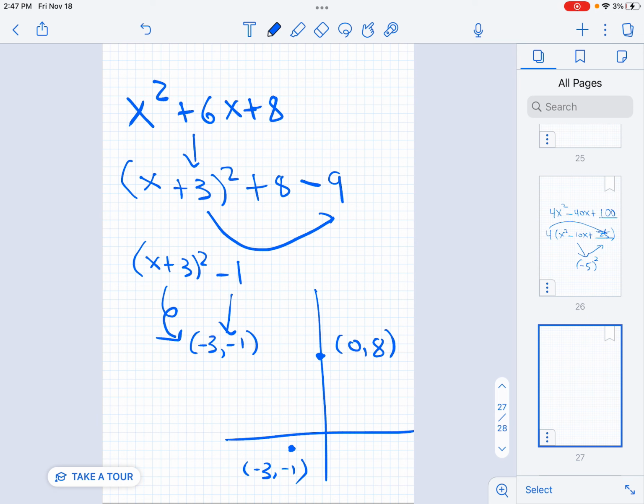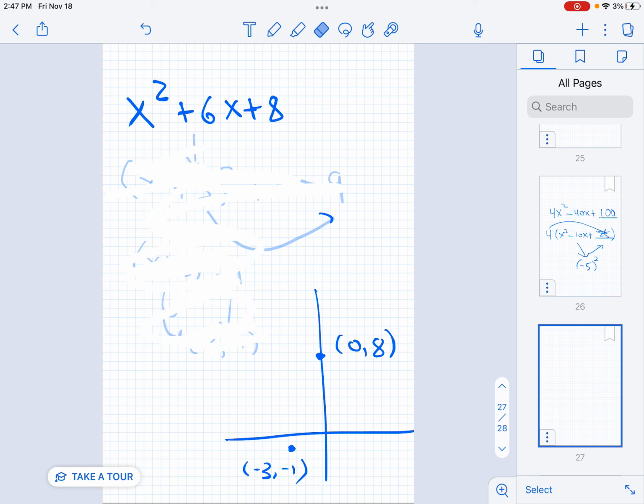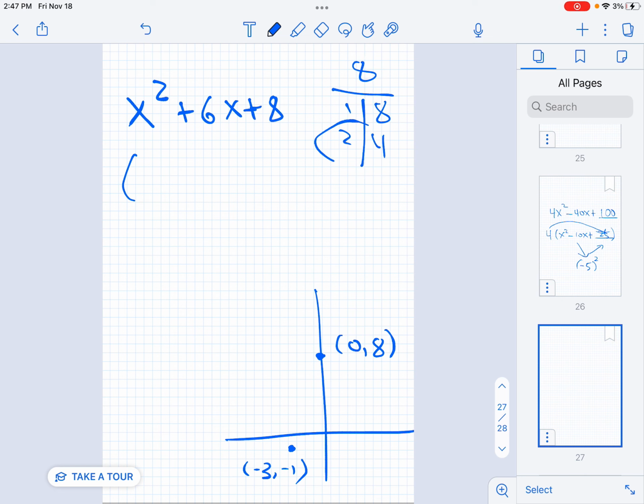Okay, now what if I wanted to find where the x-intercepts are? So let's turn this now into factored form. If I put this into factored form, I'm looking for two numbers that multiply to be 8 and add to be 6. So 8 and 1, and 8, 2 and 4. Aha, 2 and 4 will do it. x plus 2, x plus 4. The x-intercept is where the y value is 0. So I'm looking for what number I can put here in place of x to make a 0.